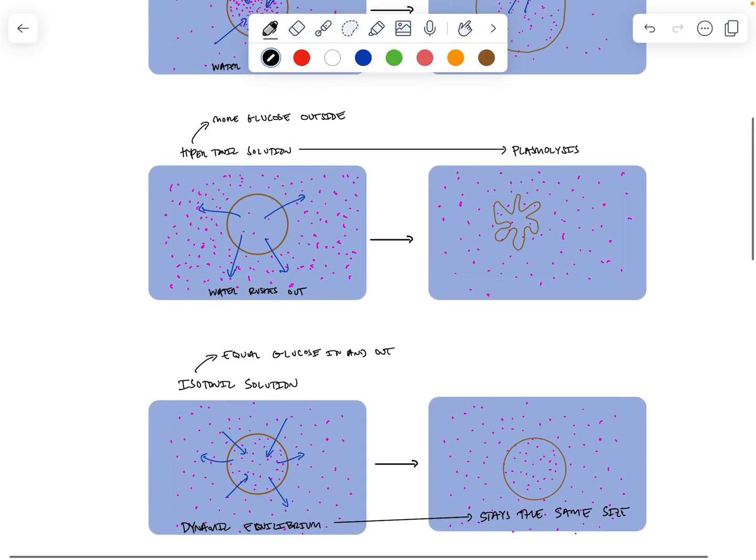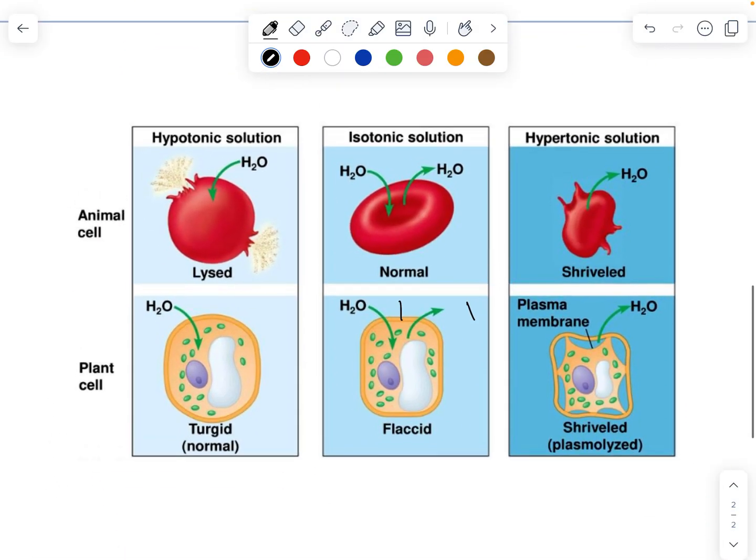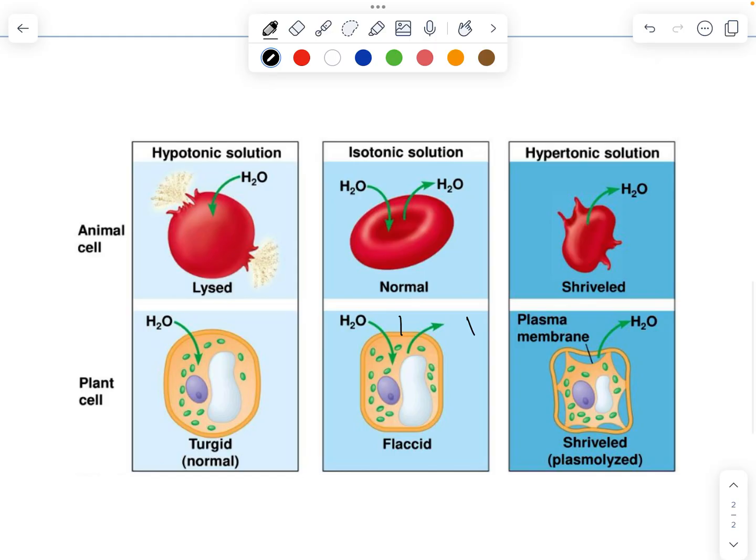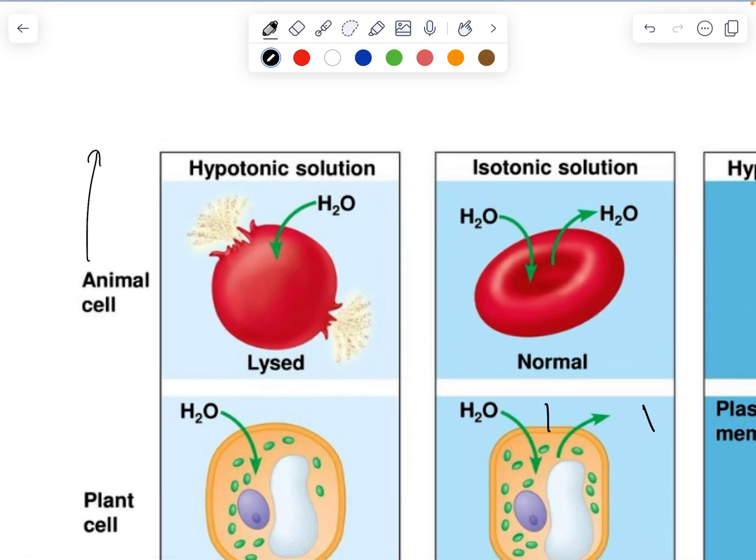If you flip over the page and look at the next side, you're going to see a couple different situations. So animal cells and plant cells enjoy different conditions, and this has to do with their structure. So animal cells have no cell wall.